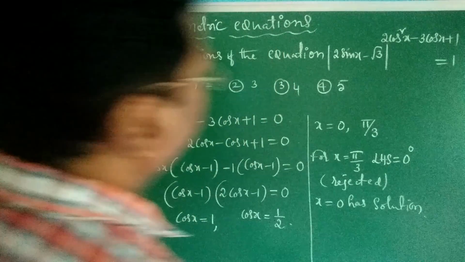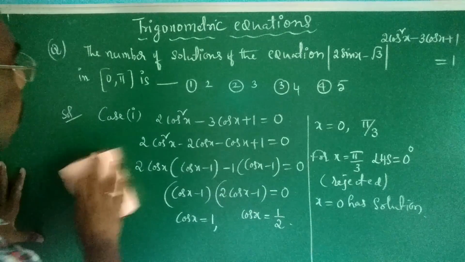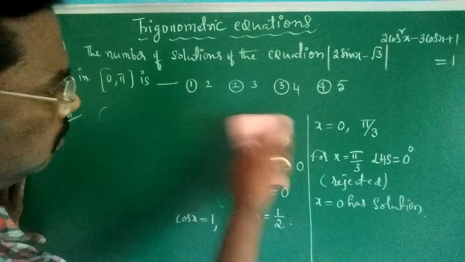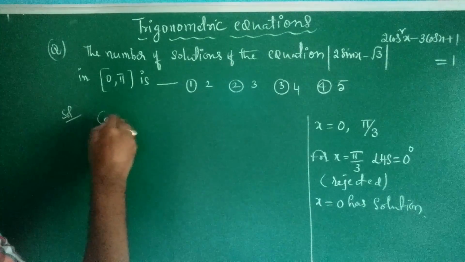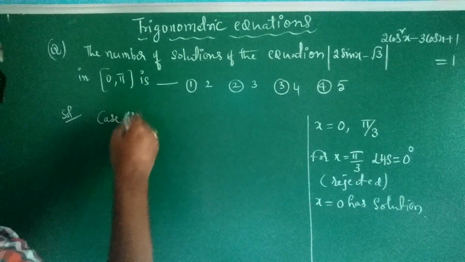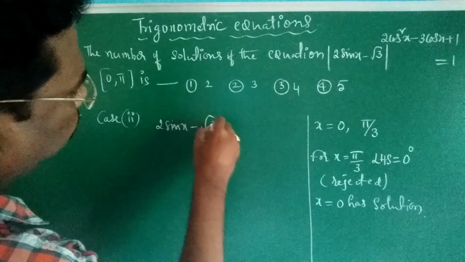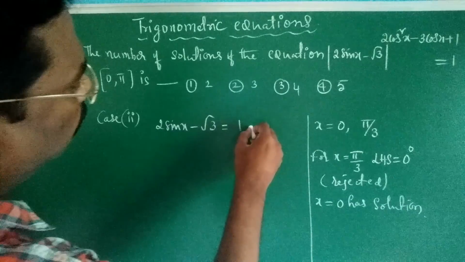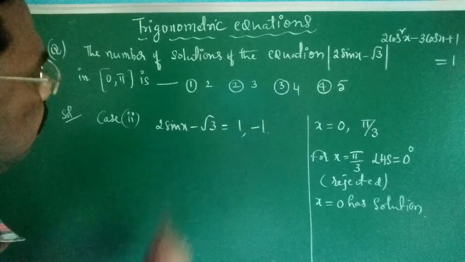Okay, next one, case 2: 2 sin x - root 3 = 1 or -1.